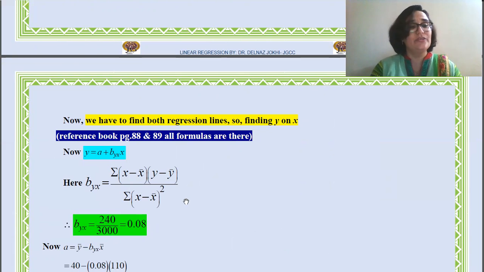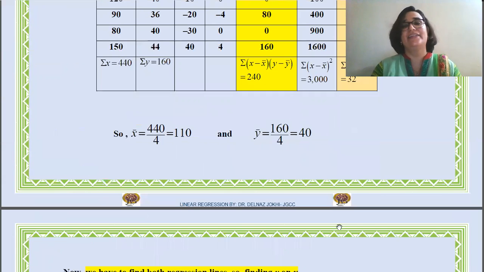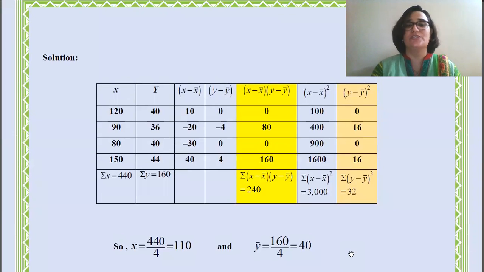See, what do you need? Sigma x minus x bar, y minus y bar upon sigma x minus x bar square. तो सबसे पहले सारी गिनती पहले कर लेते हैं and then we will come on to the important working.